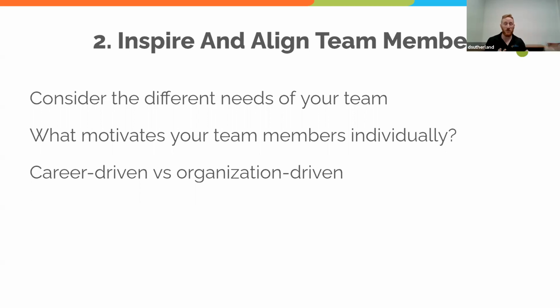Some people are career driven, that don't really care about your company, but care about what their career looks like over the next 5 to 6 to 7 years. And other people are organization driven. They've been here for 10 years, they're not going anywhere. These people have different motivations and different needs that need to be addressed to get them to buy into why we want to start using this as an organization.